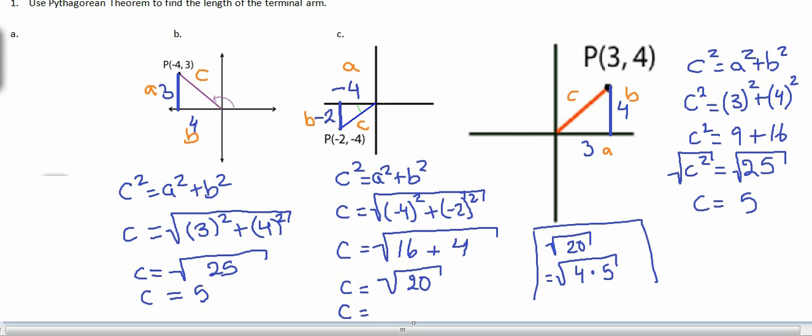Now 4 is a perfect square, and the square root of 4 is 2. So that means I can rewrite this as 2 square root of 5. The 5 stays in the square root because it can't be simplified anymore, but the square root of 4 is 2, so I can bring that out. And that means I can write this radical in simplified form as 2 square root of 5. Okay, and that's it for A, B, and C.